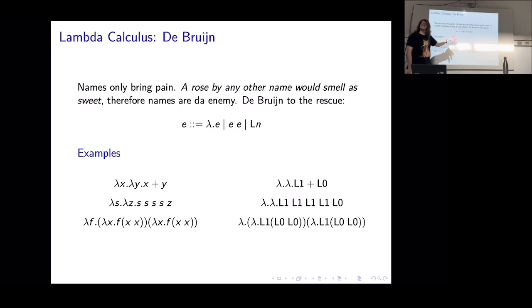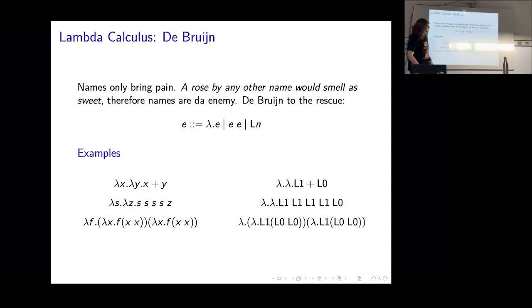So instead of using names for variables, we use indices, which are used to determine how far in the syntax tree the variable has been bound by a lambda expression.